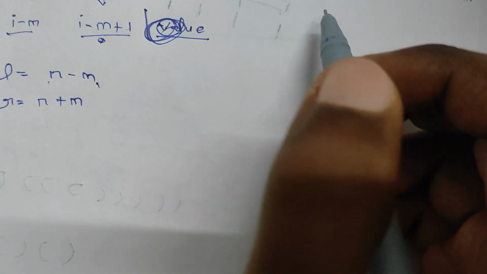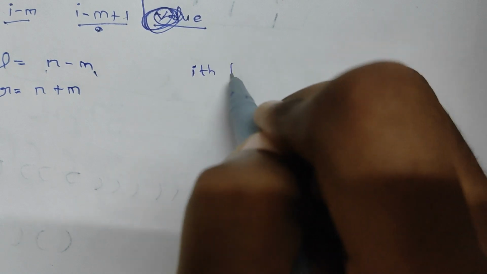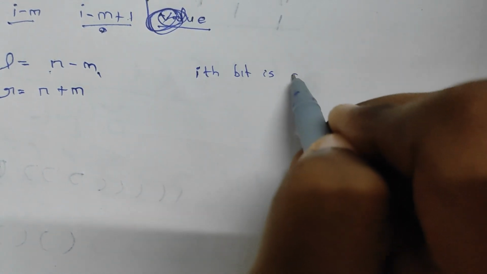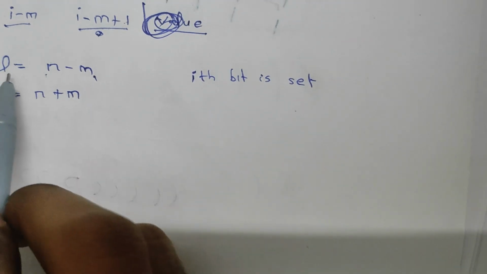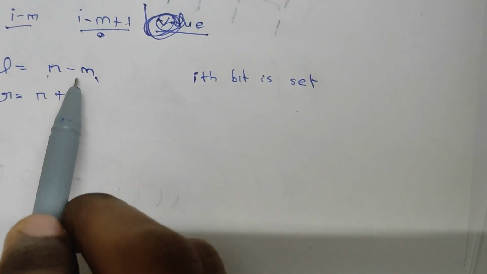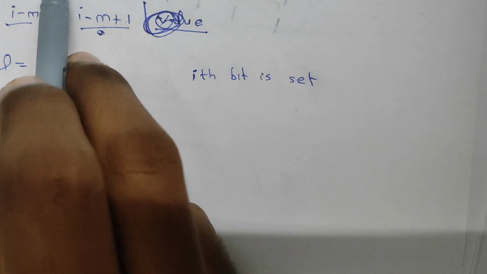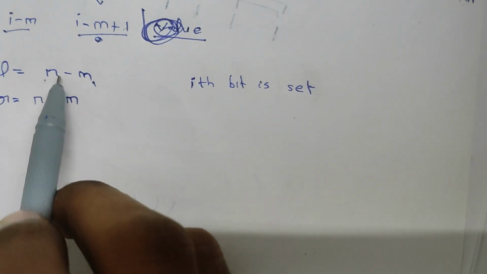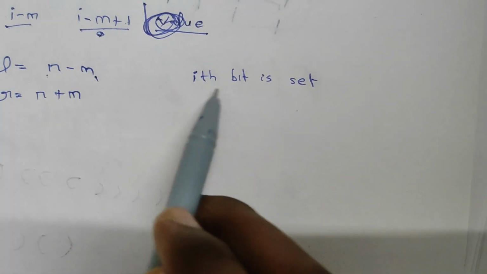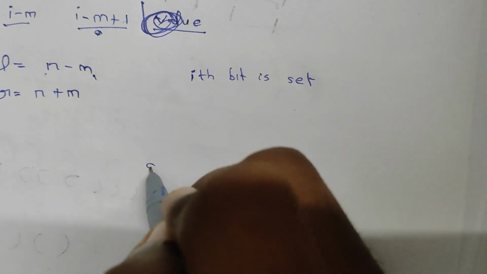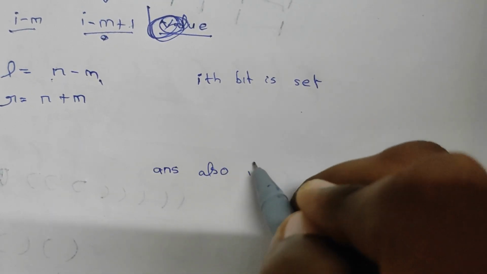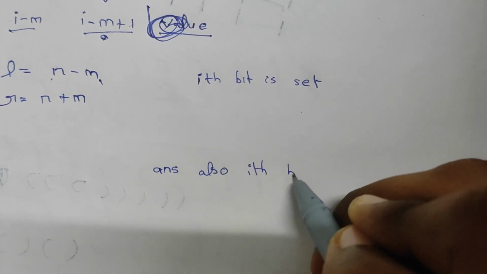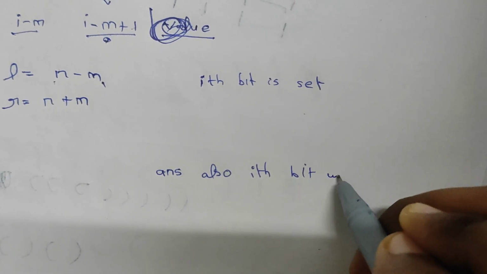If the ith bit of L is set, since we will take the OR of this L for our answer, the ith bit will be set in our answer also.